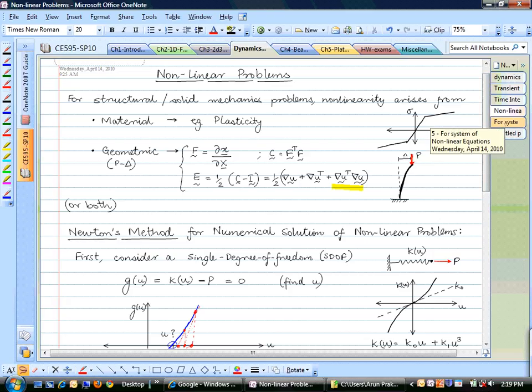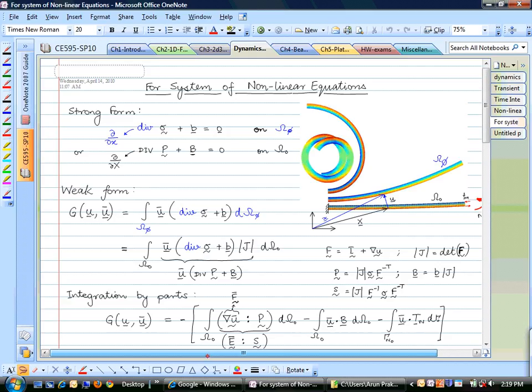Since this was a single degree of freedom problem, in general you could have something like this. This is again a two-dimensional beam. This is from my code. I haven't given you this code, but this one can take large deformations.